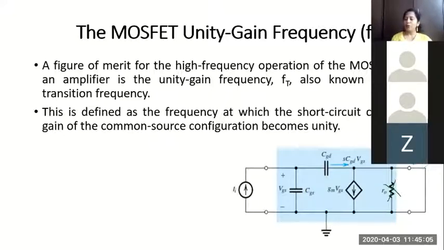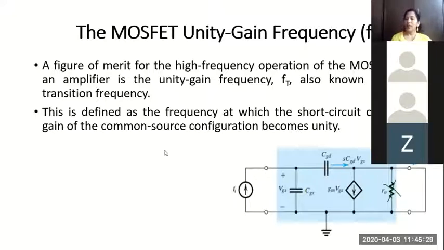So what happens to this current I0? It is divided into two portions. One is this gm VGS. The other is the current flowing through this capacitance CGD. So gm VGS is one part of I0. The other part is the current, let me call it IGD, flowing through the capacitance CGD.